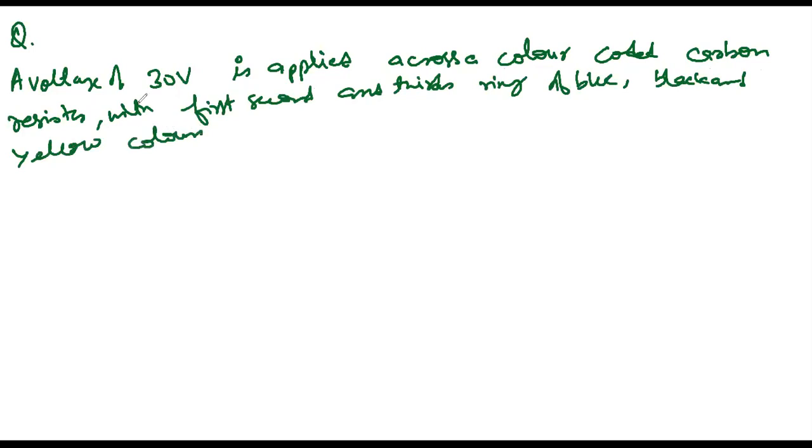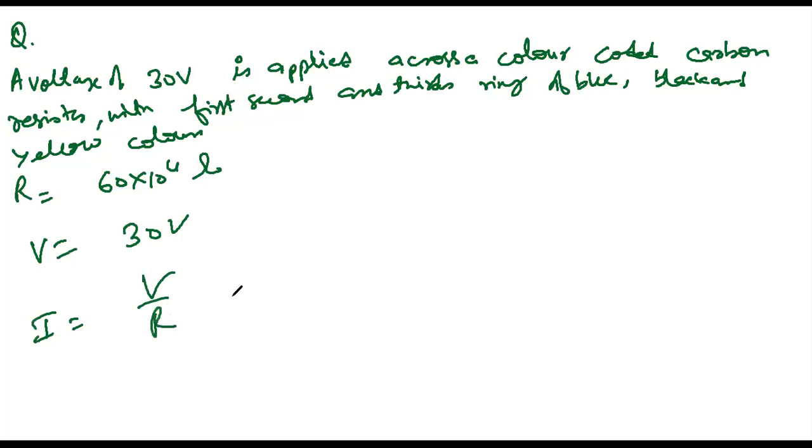Find the current in the resistor. So R is equal to 60 multiplied by 10 to the power 4 ohm and V is equal to 30 volt. Now you can complete. Use this formula and complete it.